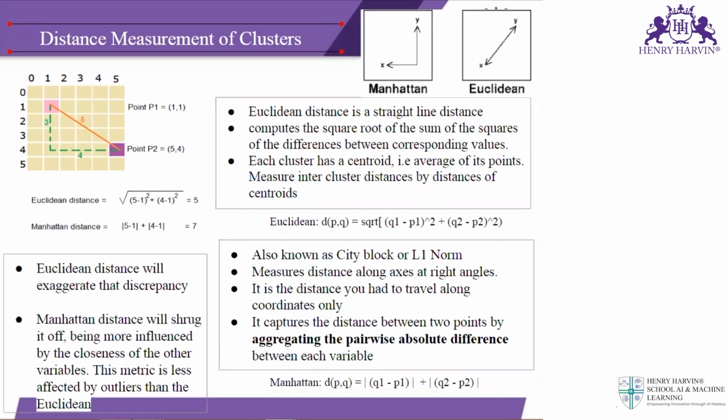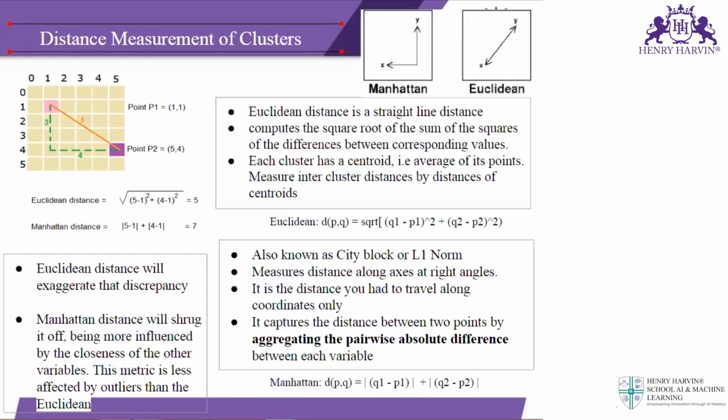It captures the distance between 2 points by aggregating the pairwise absolute difference between each variable. As you can see in the example, it does not take the square of the values. It takes the absolute value for the distance calculation.